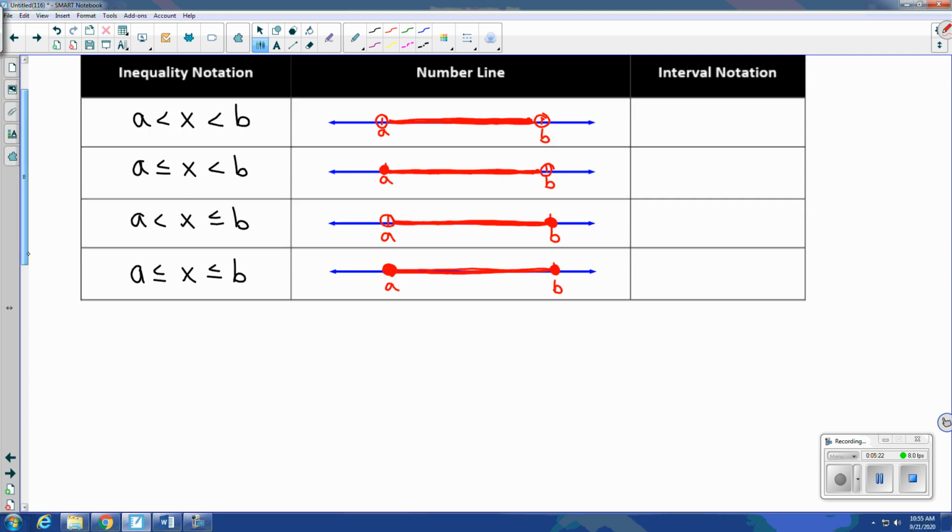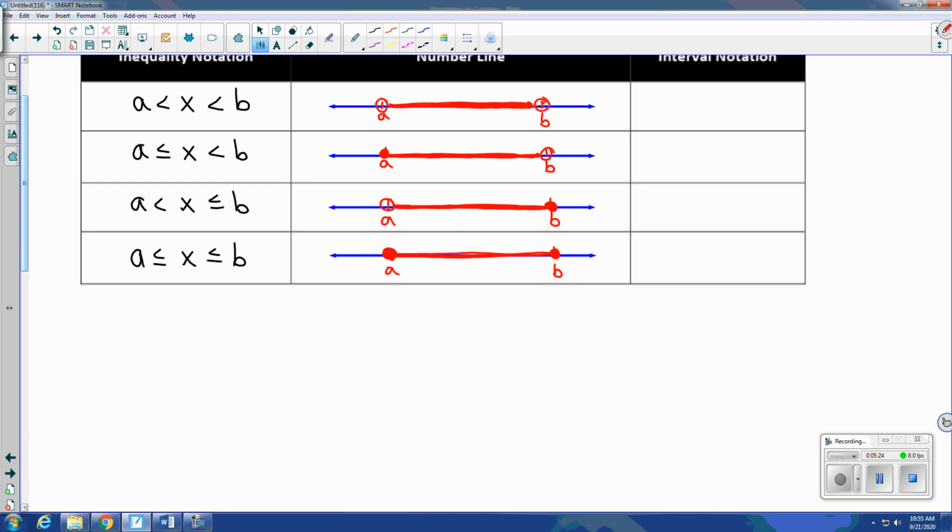So before we move into the actual interval notation, let's just take a note. Open circle means excluded. Closed circle means included. And then likewise, less than or greater than, excluded. Less than or equal to, greater than or equal to, included.